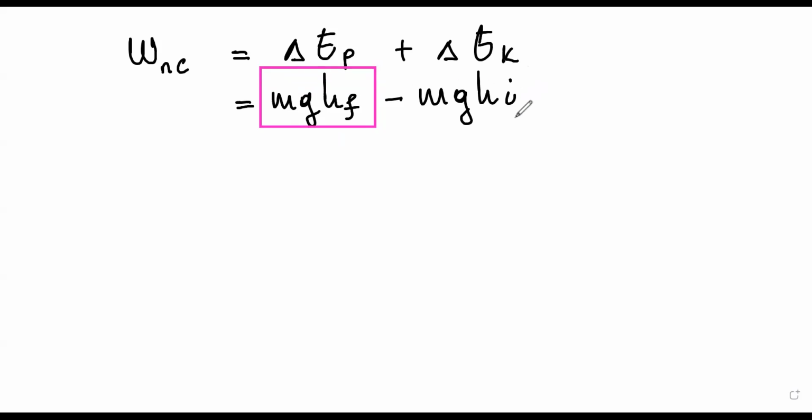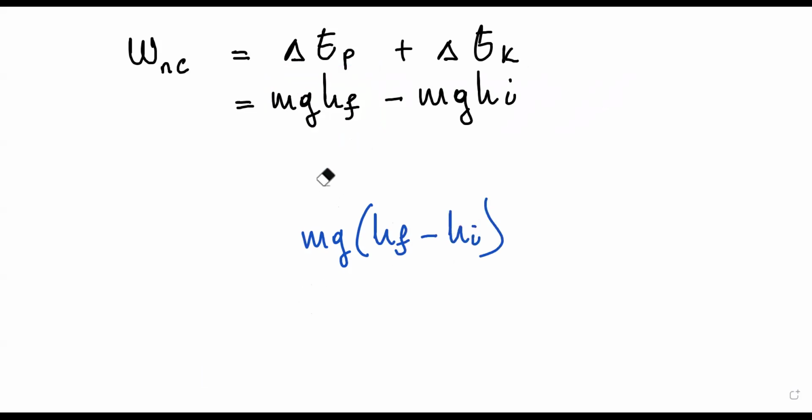Since mg is the same in both terms, you can take mg out as the highest common factor, and you're left with hf minus hi. So let's do that in order to simplify our expression. This is how we actually get the change in potential energy.